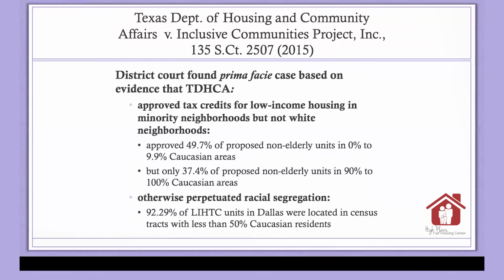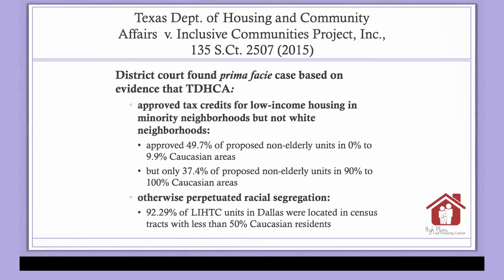And that also the state agency otherwise perpetuated racial segregation in that 92.29% of the low-income housing tax credit units in the Dallas area were located in census tracts with less than 50% Caucasian residents.